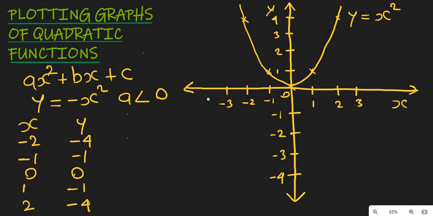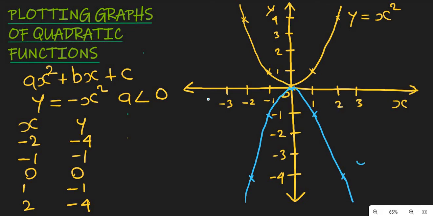When x is minus 2, y is minus 4. When x is minus 1, y is minus 1. When x is 0, y is 0. When x is 1, y is minus 1. When x is 2, y is minus 4. Therefore, we can draw our graph like this.